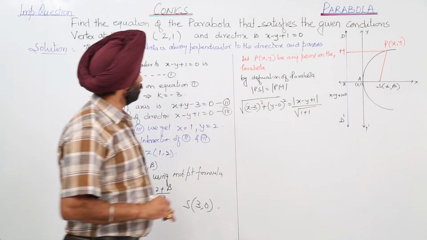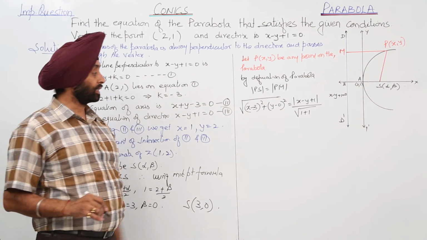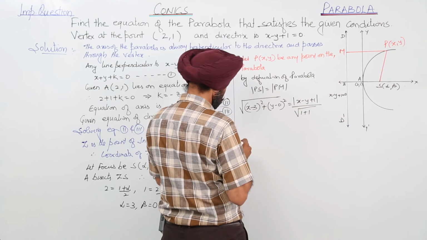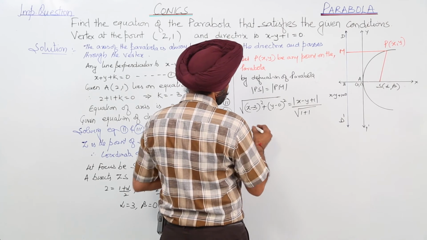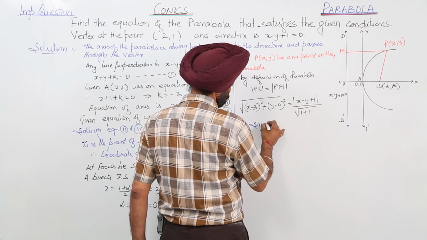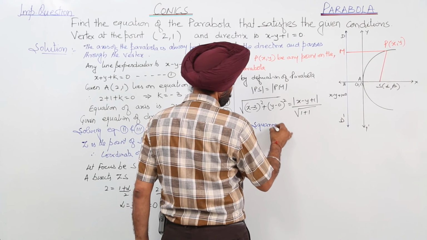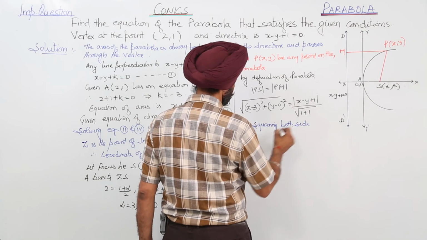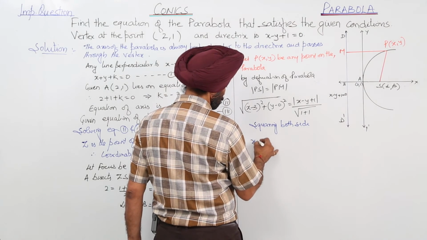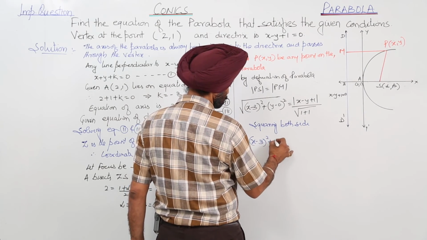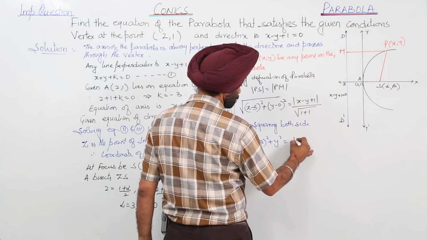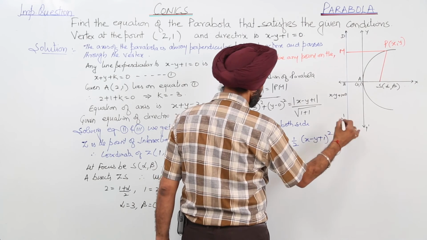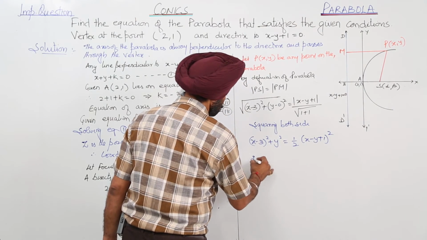And x minus y plus 1 is the equation of the directrix. Now squaring both sides, (x minus 3) whole square plus y square is equal to 1 upon 2 times (x minus y plus 1) whole square.